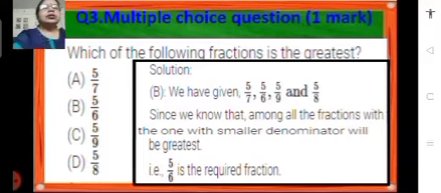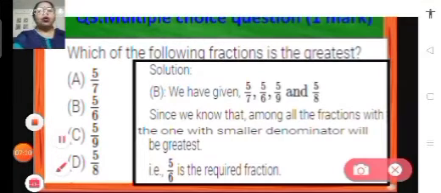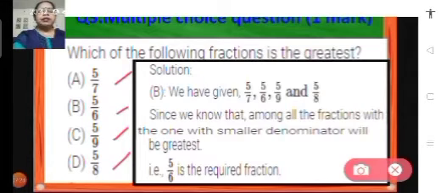Next question. Which of the following fractions is the greatest? Here we have 4 fractions given and we have to decide which is the greatest one. When we observe these fractions, we can find that all the fractions have same numerators, isn't it? When fractions have same numerators, the fraction with the smallest denominator will be the greatest one, isn't it?